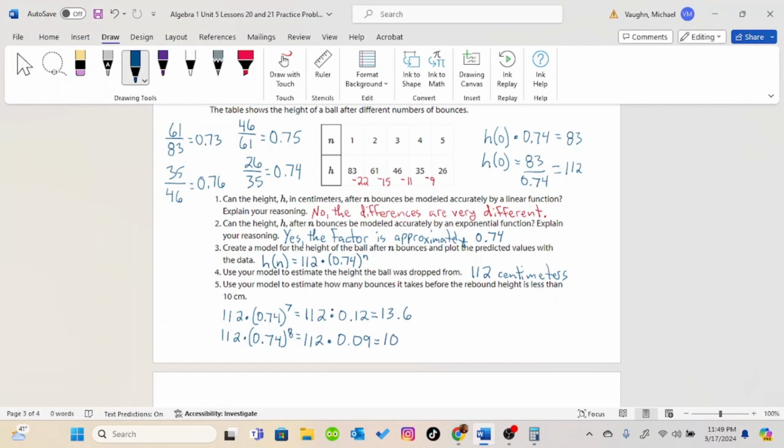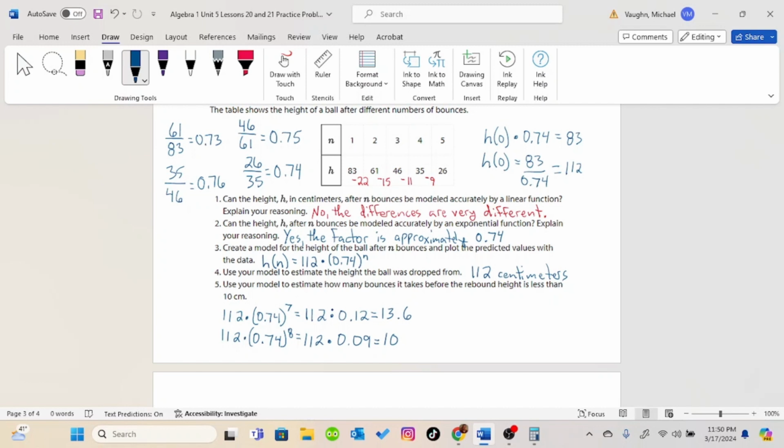So depending on which of these we use, because we were estimating a growth factor of 0.74, low end is 0.73, high end is 0.76. So we could pick anything in between there. At 8, assuming we dropped it from 112, we are pretty much right on 10.